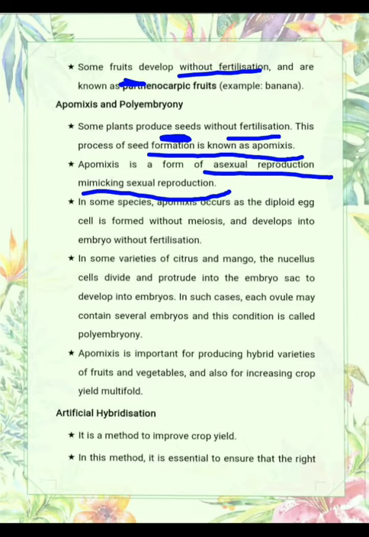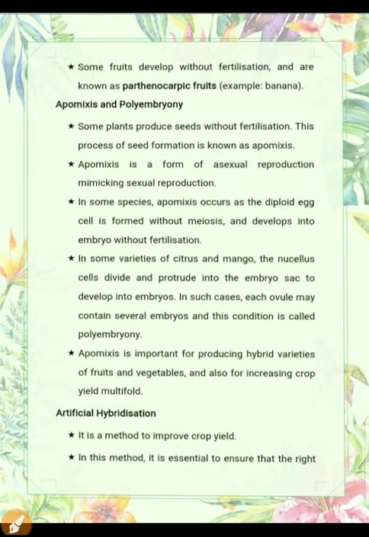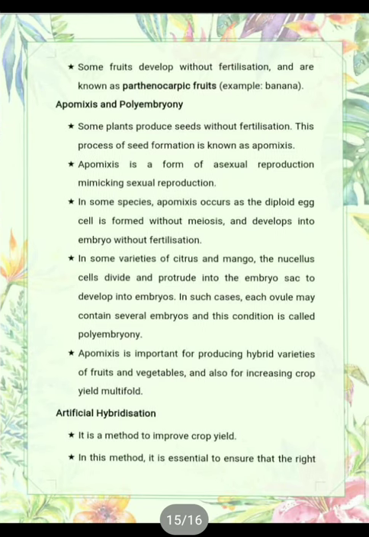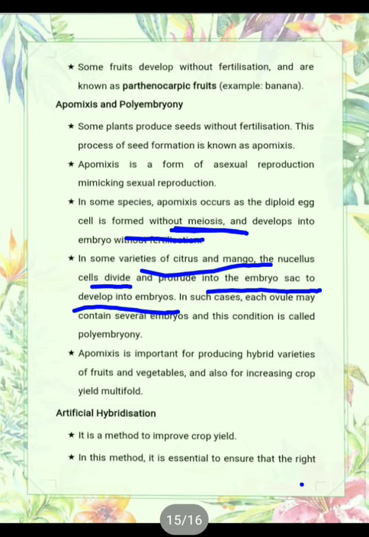In some species, apomixis occurs where a diploid egg cell is formed without meiosis and develops into an embryo without fertilization. What happens here is that the diploid egg cell is formed without meiosis, means meiosis doesn't take place there, and that develops into an embryo without fertilization. In some varieties of citrus and mango, the nucellus cells divide and protrude into the embryo sac to develop into embryos.